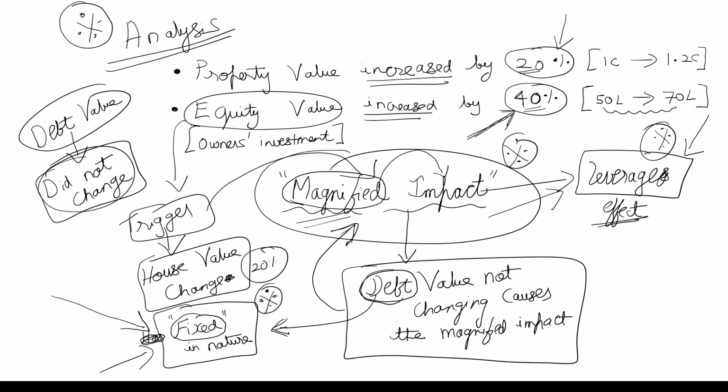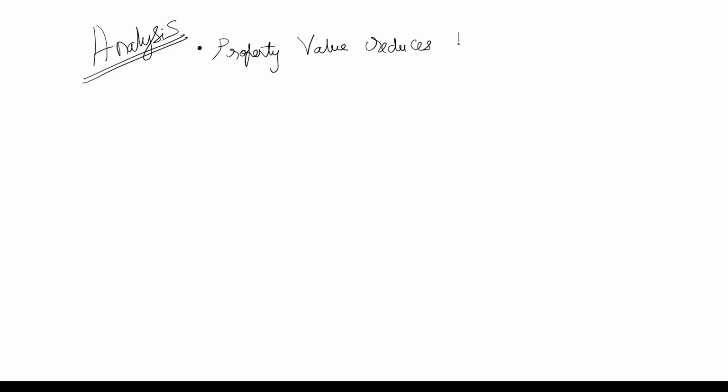I'm going to take the same example and discuss it a little further by looking at what's going to happen if I change the numbers in another way. So let us say instead of the house value increasing, the house value reduced, and let's assume the property value becomes 80 lakhs.